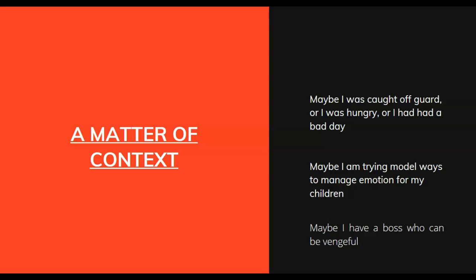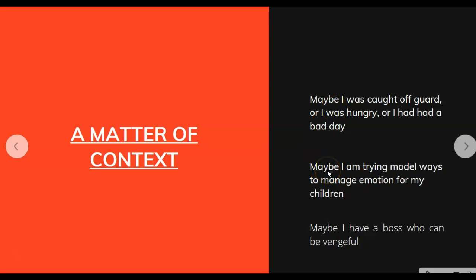Maybe that happened because I was caught off guard, or I was just really, really hungry and had very little control over my emotional expression, or it had just been a bad day and I was stressed, and again, it affected my ability to react to that internal anger. All right, you can think of all kinds of situations where that might occur.